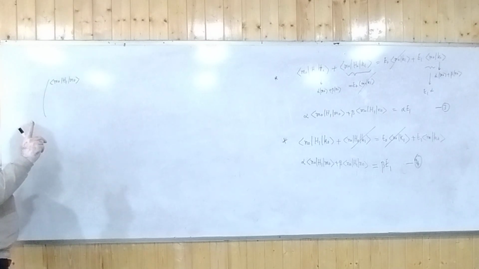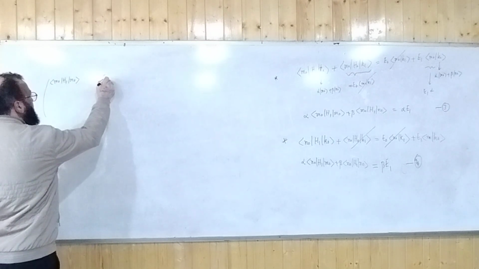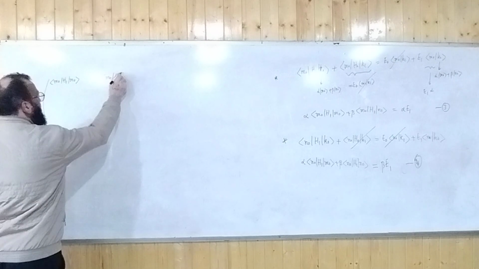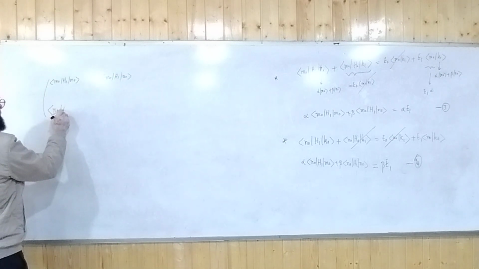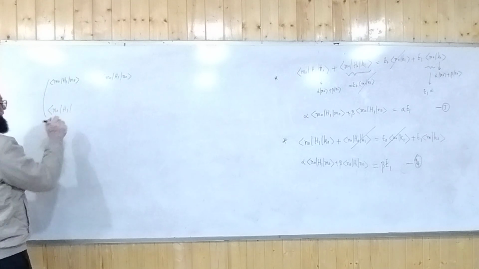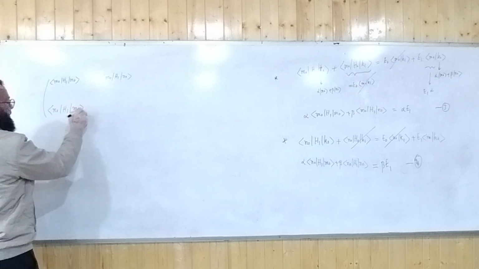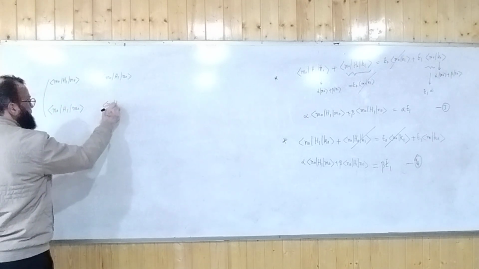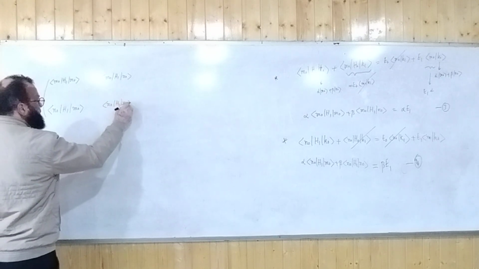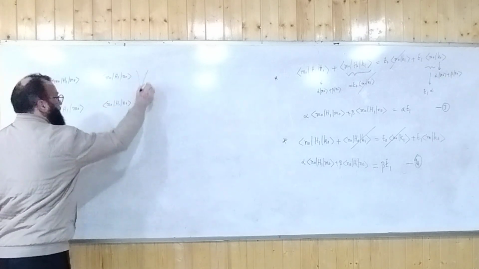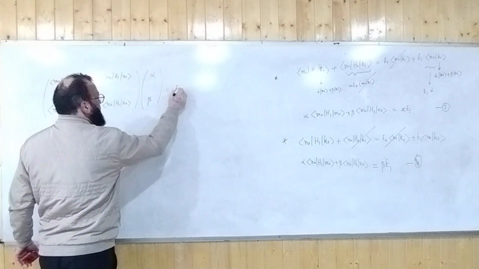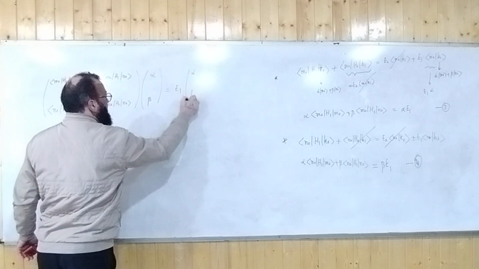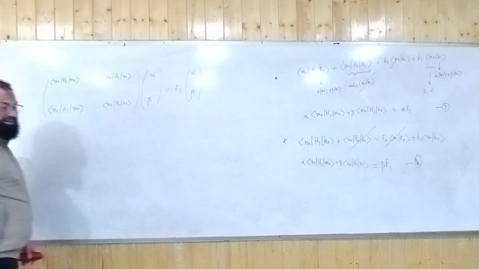Two states, m0 and n0. Then you are having this m0 H1 n0, and n0 H1 n0. I will write it as a matrix equation, like this. So you are having this alpha beta, which is equal to E1 alpha. Can I write it?